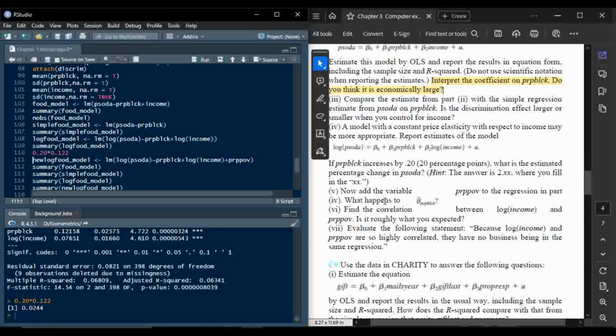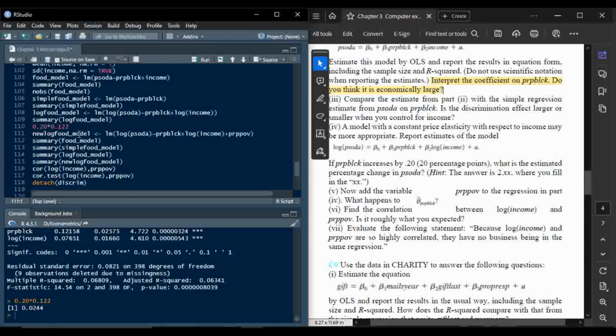Now the fifth part of this question says, now add the variable PRP POV to the regression in part 4. What happens to the coefficient on proportion of black? Let's create a model by the name of new log food underscore model, and then add this variable proportion POV.